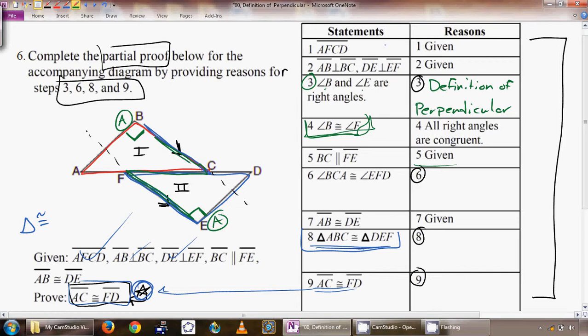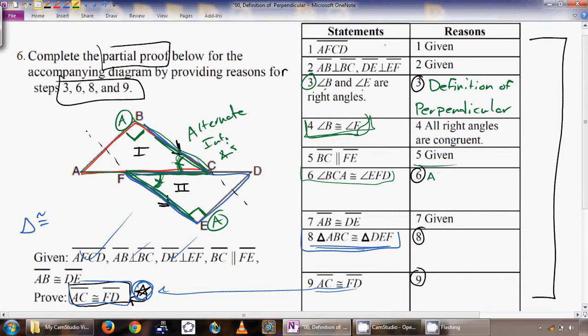There's the Z. And we know that this angle will be congruent to this angle, and those are what we call alternate interior angles, all right? And in fact, that's the next step that they do. They say angle BCA, this one here, is congruent to EFD, that angle we just pointed out there. And we already went through that reason.